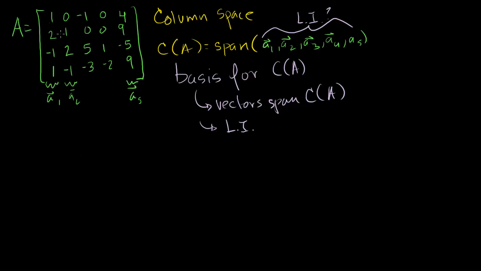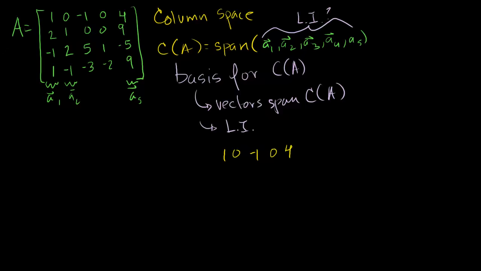So let's do that. Let's see if we can do that. Let's keep our first row the same. Let me do it actually on the right side right here. So let's keep the first row the same: 1, 0, minus 1, 0, 4. And then let's replace our second row with the second row minus 2 times the first row.